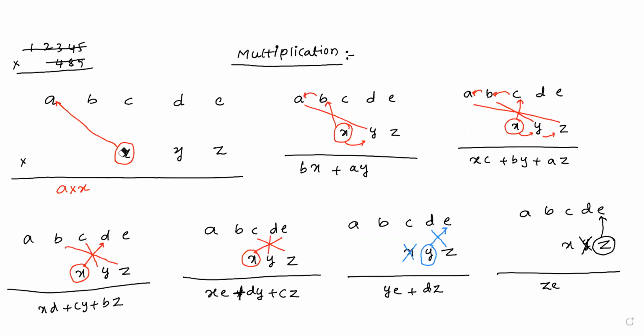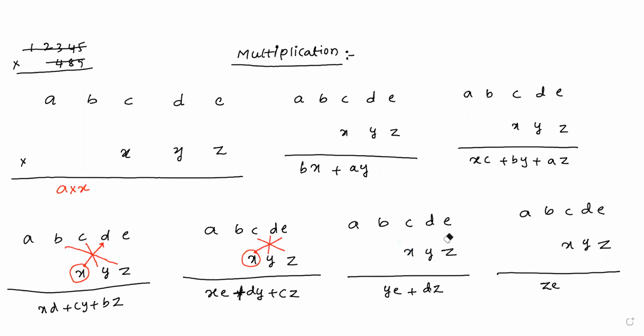Now let us try to solve right to left. Whenever you are starting from right to left, we want to select the rightmost digit, that means the unit place digit, in the multiplication.